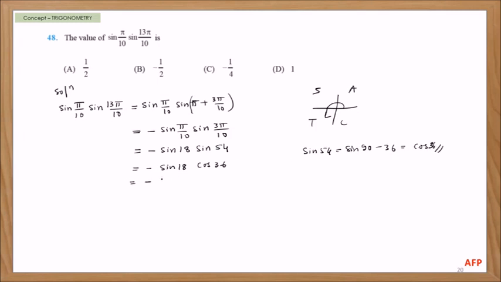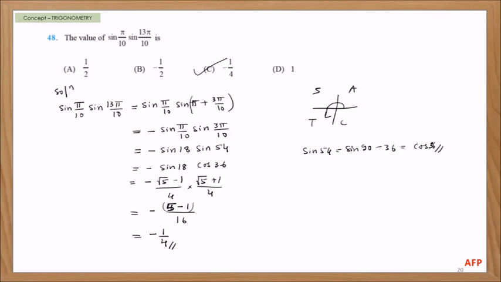Minus, root 5 minus 1 divided by 4 into root 5 plus 1 divided by 4. It's nothing but minus 4 divided by 16, which is nothing but minus 1 by 4 is the answer.